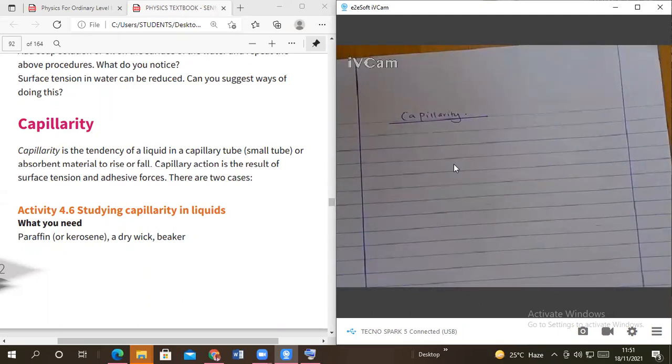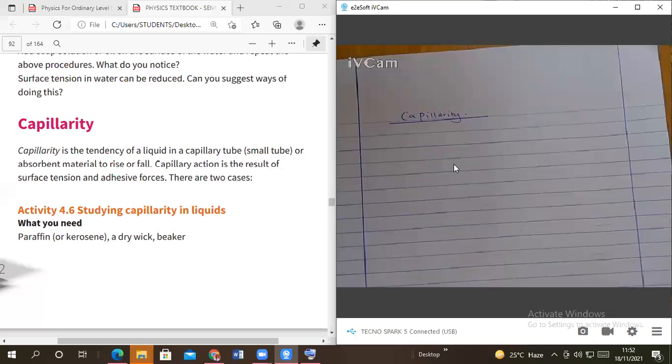So capillarity contributes to the rise and fall of some absorbent materials. For example, water can be absorbed. Paraffin can be absorbed. So the liquids rise up.